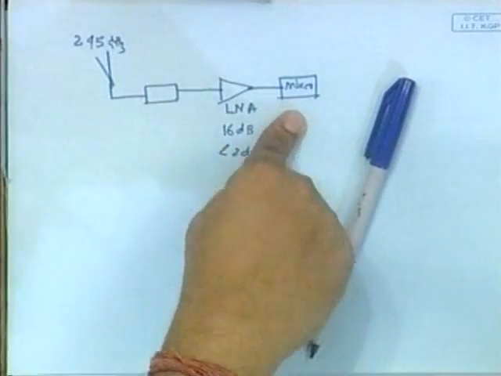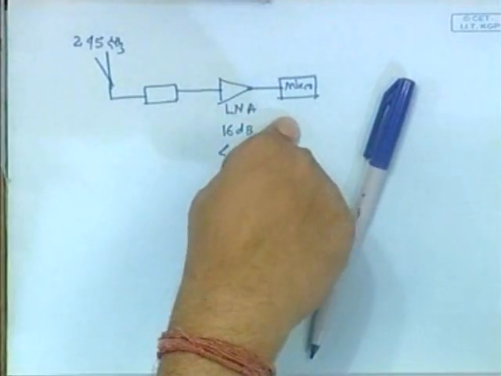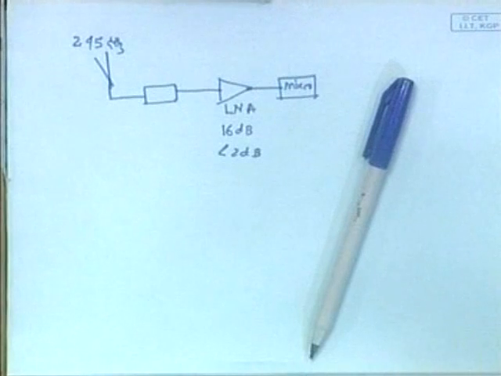What is that mixer? The mixer is basically converting the frequency from 2.45 gigahertz to a lower frequency, depending upon what kind of topology you are selecting. If it is a direct conversion receiver, you can convert it directly to the baseband. What is the baseband? 25 megahertz, 100 megahertz, 70 megahertz, 1 megahertz, depending upon the kind of application you are using.